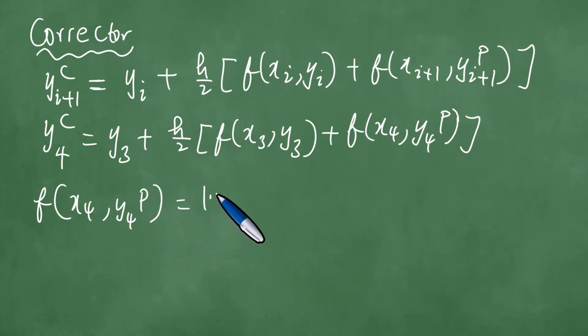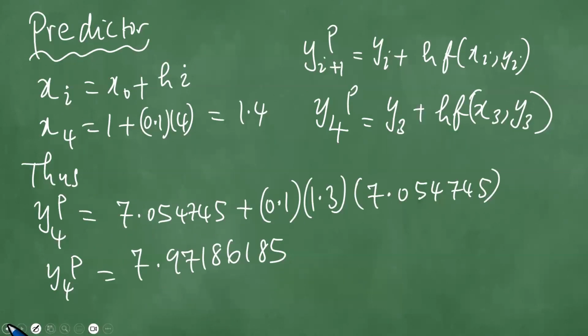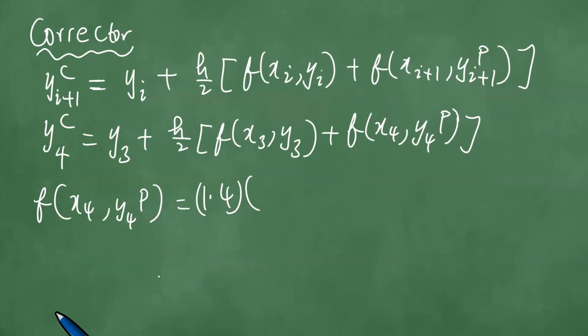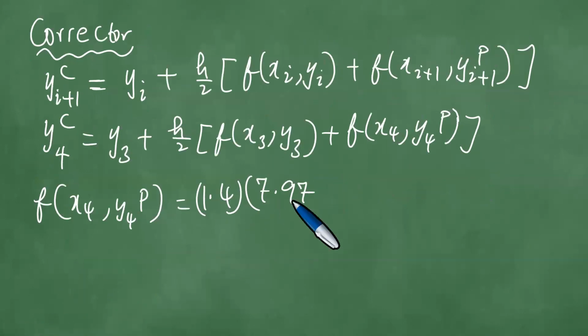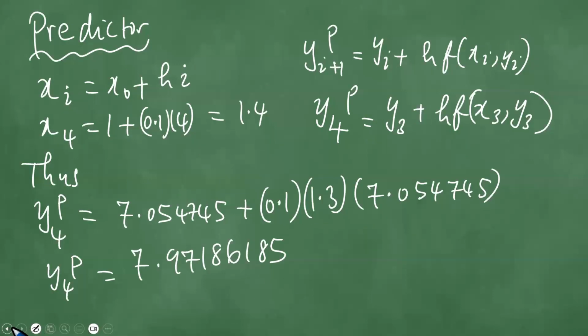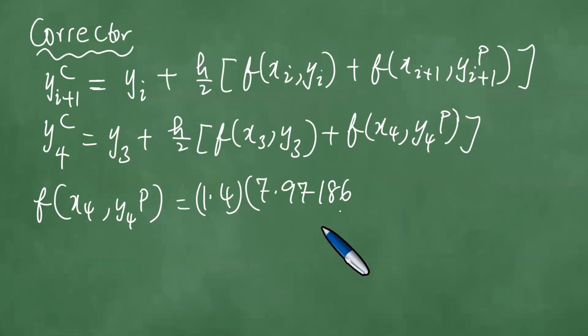X4 is 1.4, and Y4 predictor is 7.97186185.